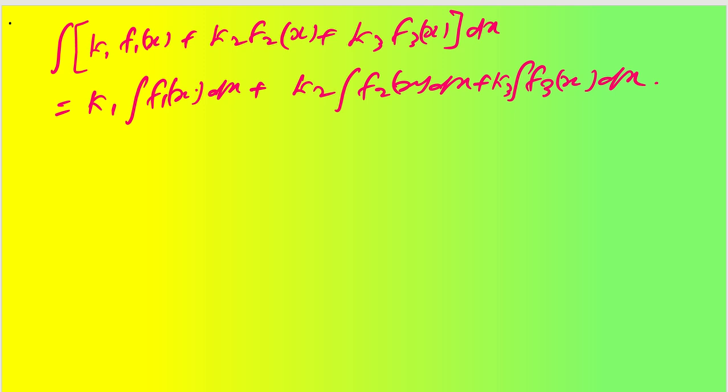Now what we'll do is, we'll try to see some questions and we'll try to understand how to solve them. Okay, so let us say first problem, integration of x cube minus 1 by x square dx. What we can do, we can separate them out. So you divide each one of them.